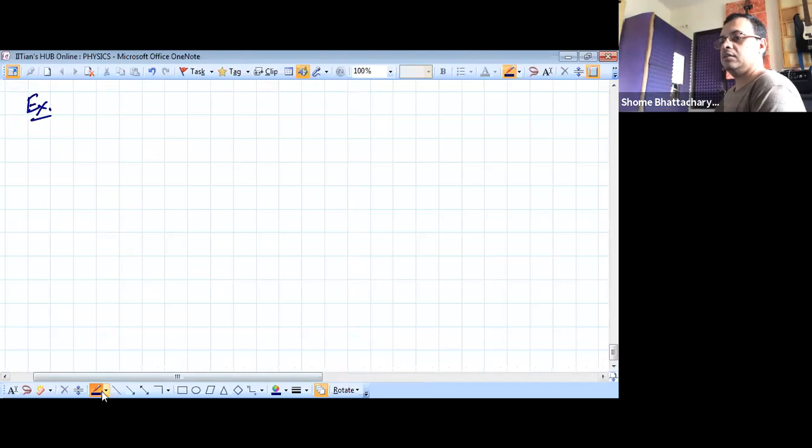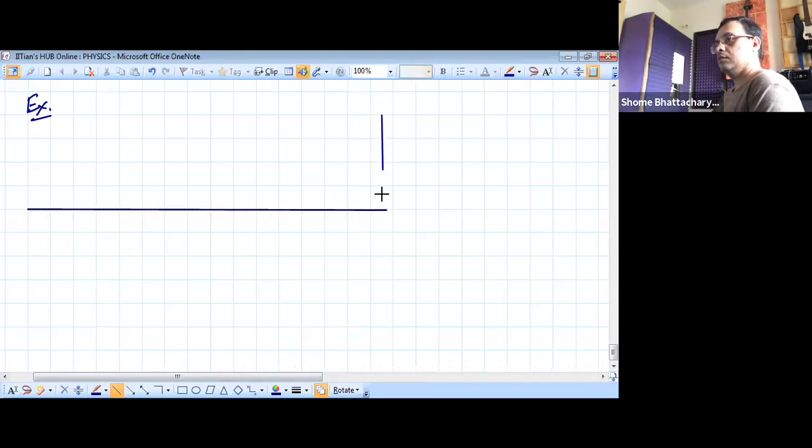Understand like this, that we have a smooth surface and a ball is rolling along the surface.